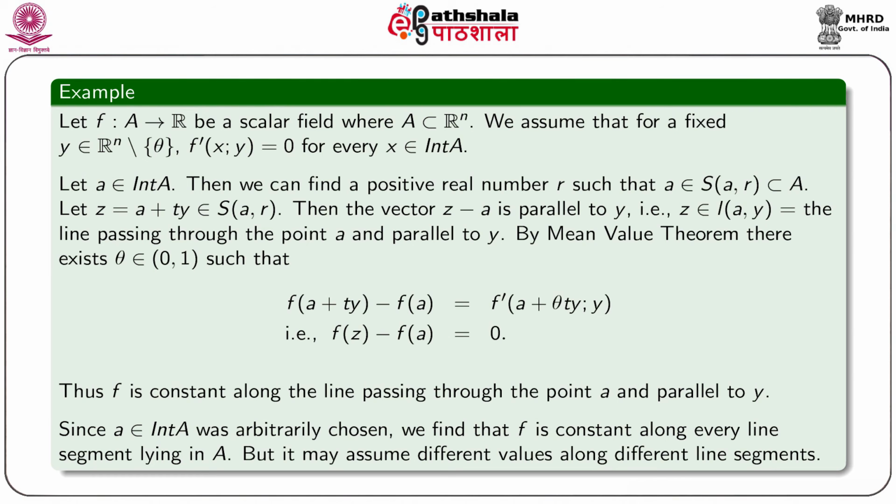Now, z was arbitrarily selected from S(a,r). So, f is constant along the line passing through the point a and parallel to y. Since the point a was arbitrarily chosen, we find that f is constant along every line segment lying in A. But if we select some different line segment, it will be constant thereon also, but maybe with some different value.